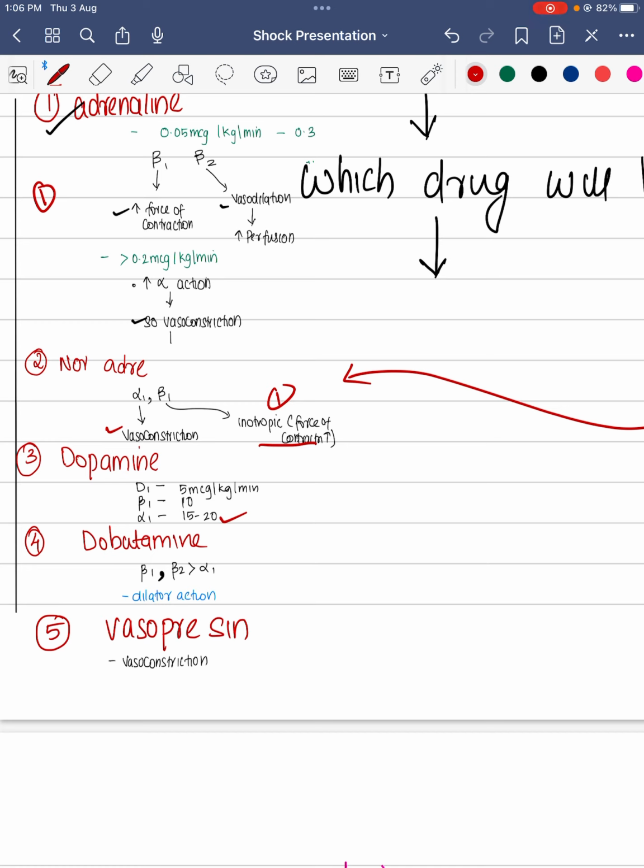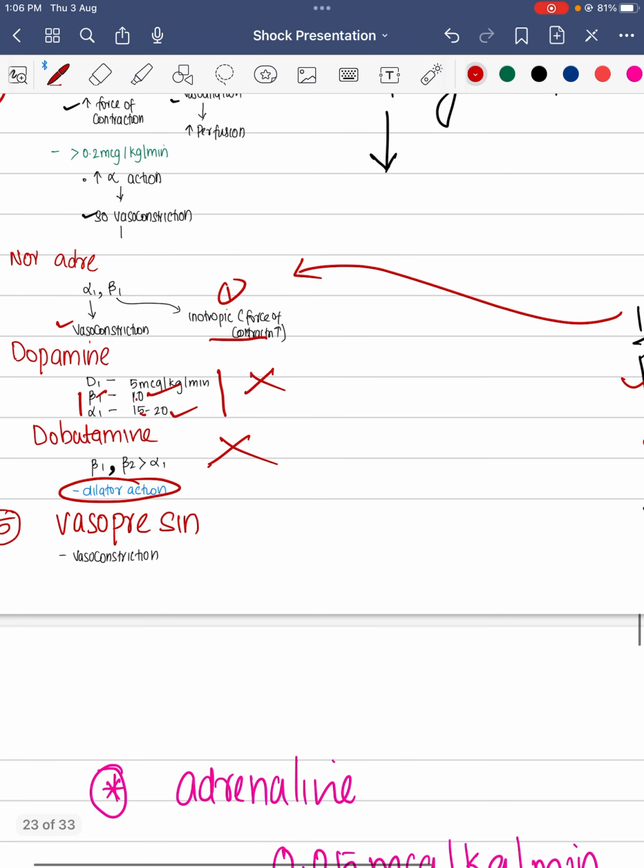Now let us see dopamine. Vasoconstriction is there, force of contraction is there, but what is the problem? When the dose increases, one action will be gone, when the dose reduces, other action will be gone. So it is also not a good choice. Dobutamine, I already told is a dilator, so this one also not good. Vasopressin, only action is vasoconstriction, so this drug also can be used.